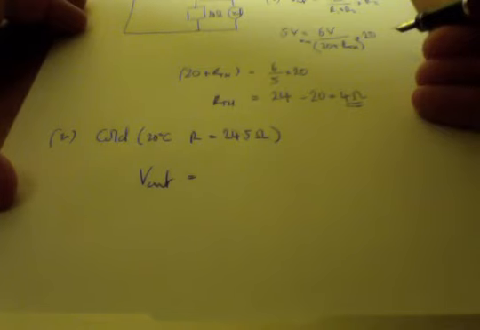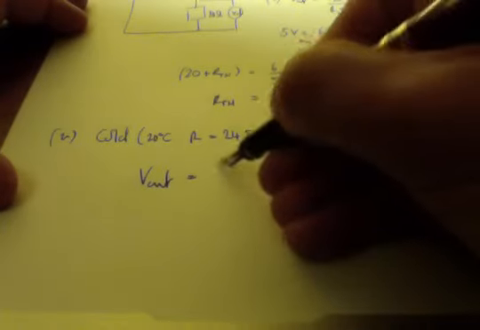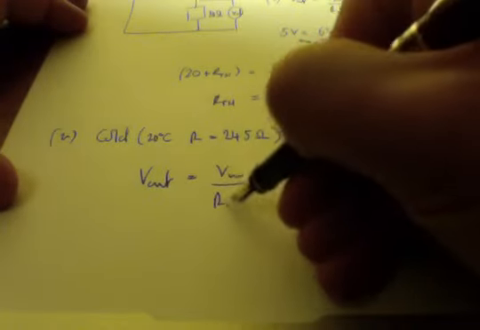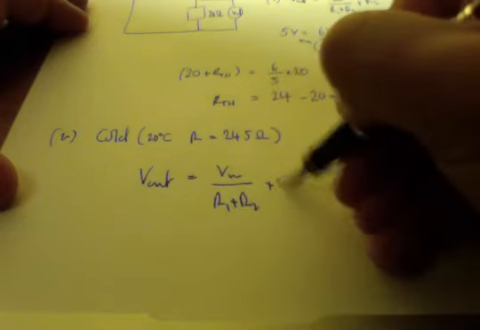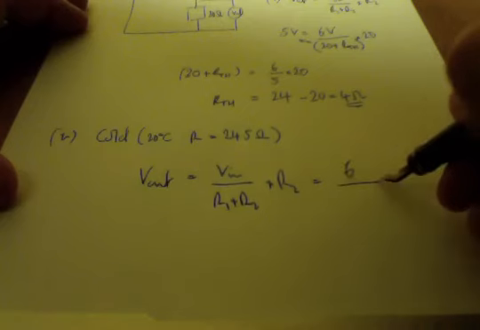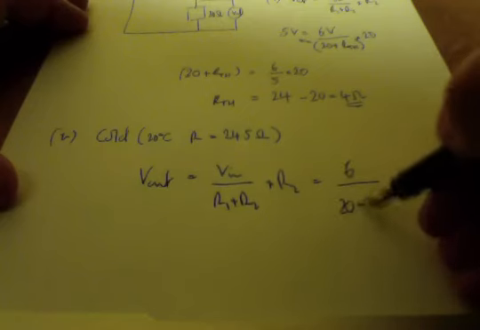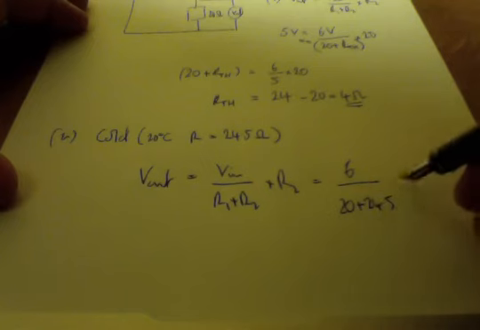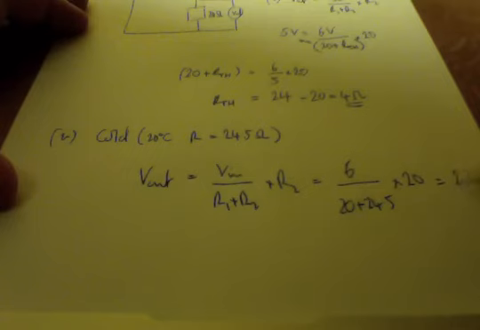Pause, otherwise here comes the answer. Well, let's do the sums again. Now this gives us 6 is the input voltage, divided by 20 plus the 24.5, and multiplied by the 20. And if you plug that in, 2.7 volts is what you come out with. Superb. Okay, so that's that.